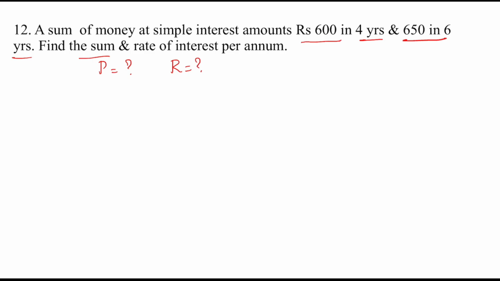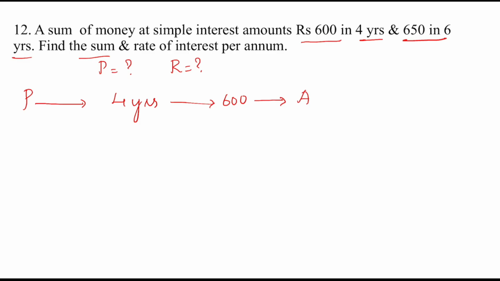So it is given that if the principal is lent for 4 years, how much are we getting? 600 rupees. This is the amount. At the end of 4 years we are getting 600 rupees.